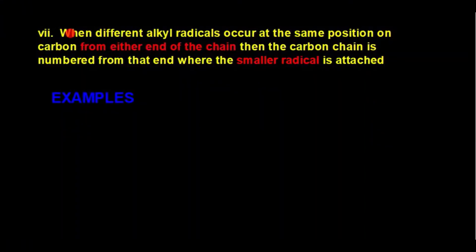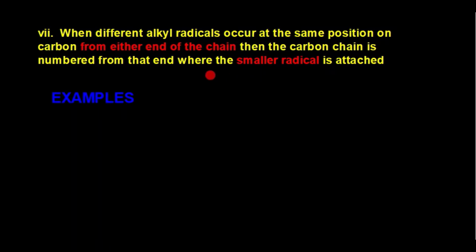Let's see what is the next rule. When different alkyl radicals occur at the same position on carbon from either end of the chain, then the carbon chain is numbered from that end where the smaller radical is attached.